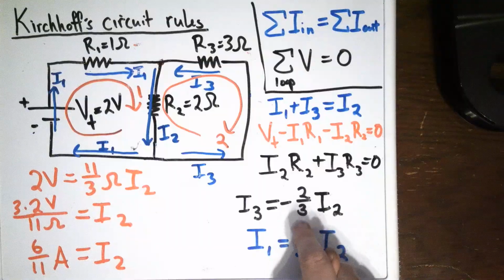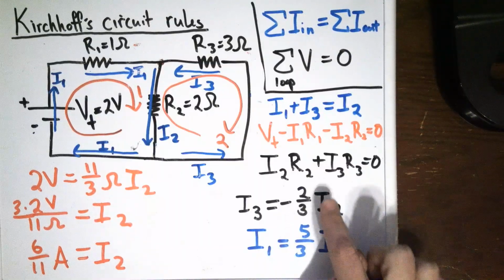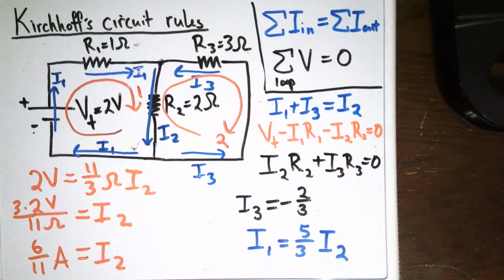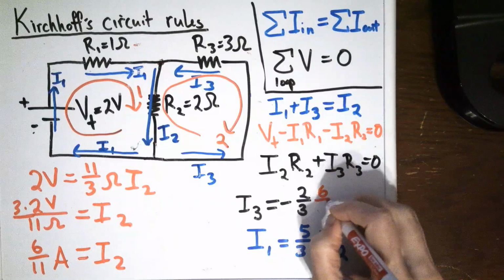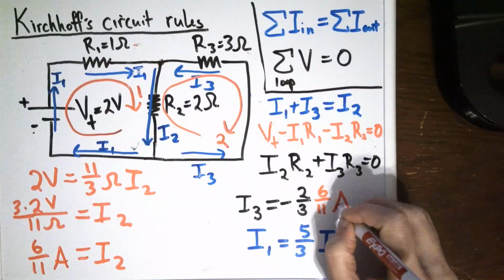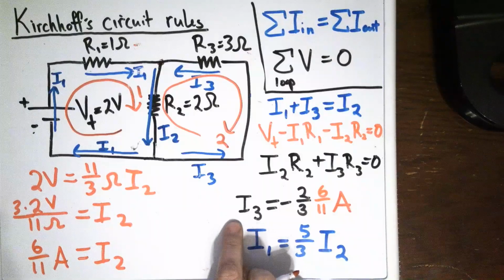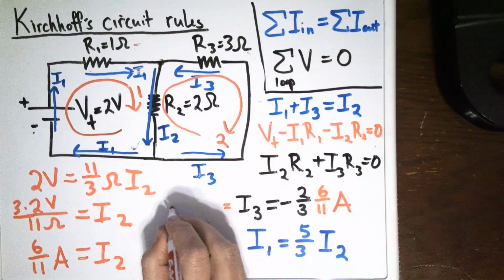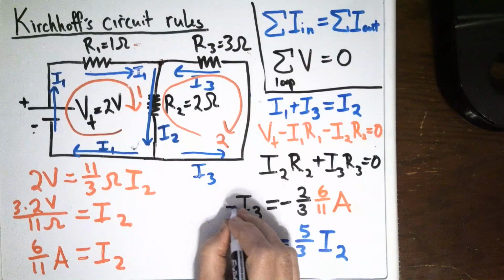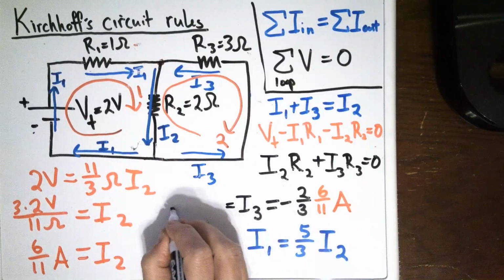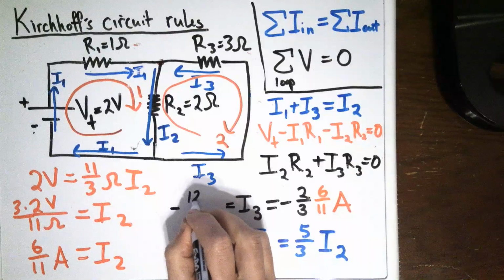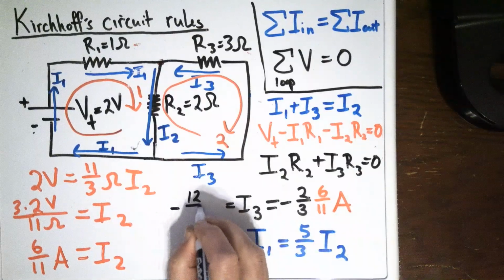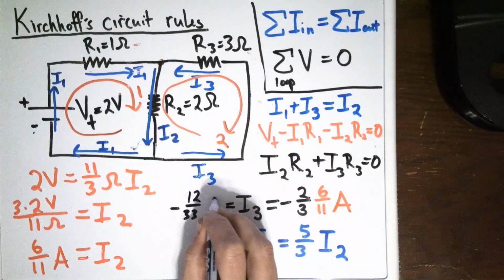I3 is negative 2/3 I2, so I'm going to go ahead and plug that in. 6/11 amps. So I3 is negative 2 times 6 is 12, 3 times 11 is 33.